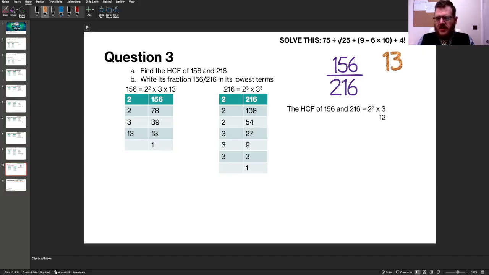And 216 divided by 12 is 18. And that's your answer to simplifying this fraction down.